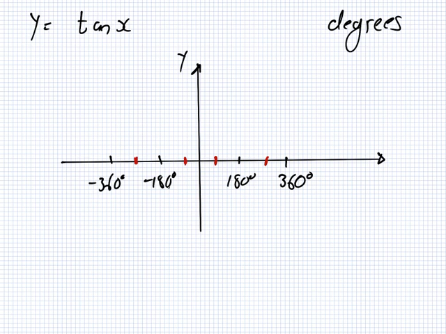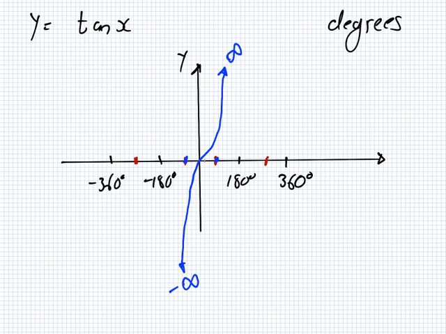Okay, so what does the tan graph look like? I'll try and draw this in. So at minus 90 and 90 it breaks. This shoots up to infinity and this shoots down to minus infinity.